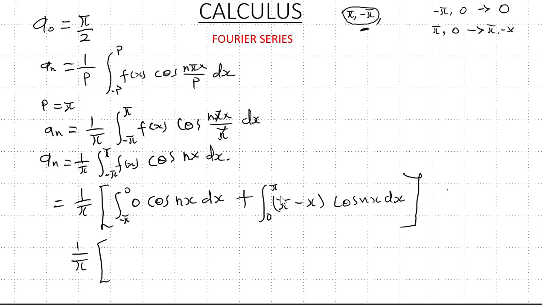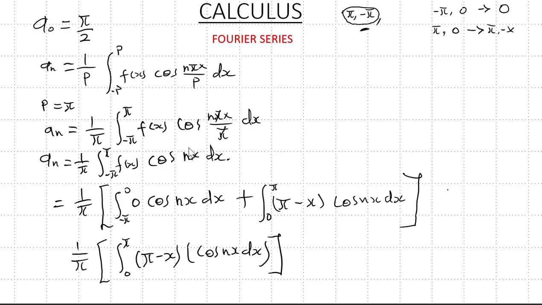Focusing on this, it becomes the integral of pi minus x, then we have our cos nx dx. Now we are going to solve and simplify this.